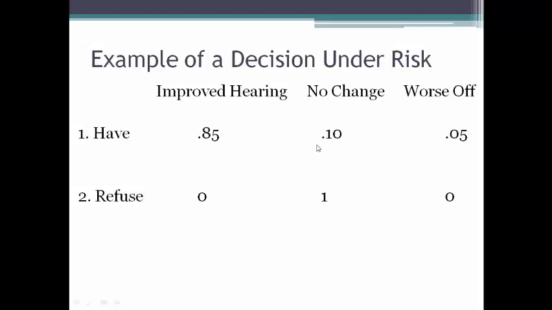Your doctor also thinks there's maybe a 10% chance, roughly, that there won't be any change at all. And she thinks there is this 5% chance that you can, in fact, damage your hearing more if you have the operation. And of course, if you refuse the operation, well, there's not going to be any change. That's more or less certain.